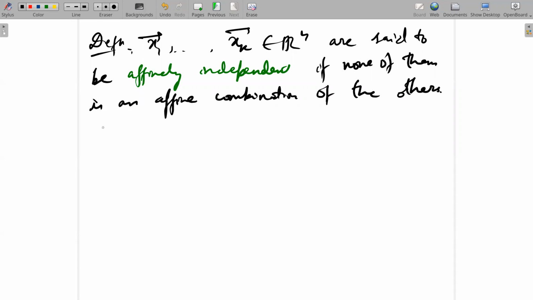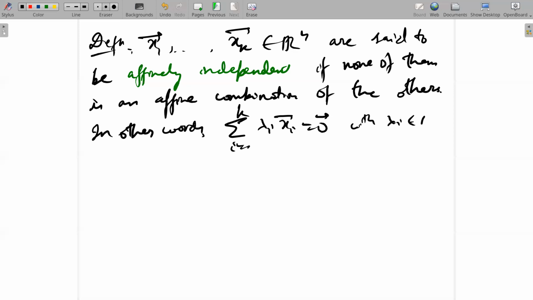Or in other words, in equivalent notation using fewer words: if summation i equals 1 to k of lambda i xi is equal to 0, with lambda i in R, and summation i equals 1 to k of lambda i is equal to 0, then lambda 1, ..., lambda k all must be 0.